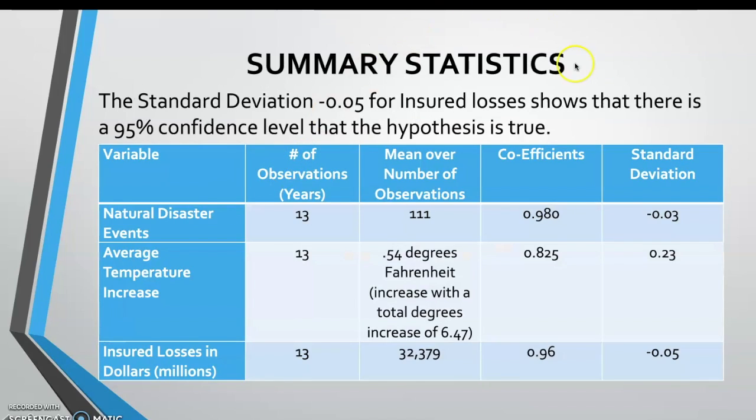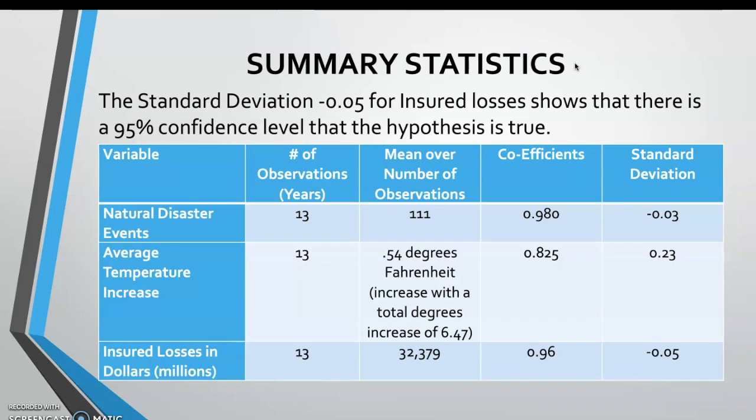And here are my summary statistics. The standard deviation is negative 0.05 for insured losses, and that shows that there is a 95% confidence level that my hypothesis is a true one. As you can see, like I said earlier, the variables are natural disaster events, average temperature increase, and insured losses in dollars, millions. I had 13 observations.